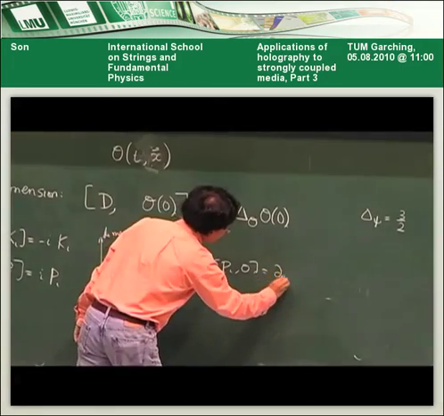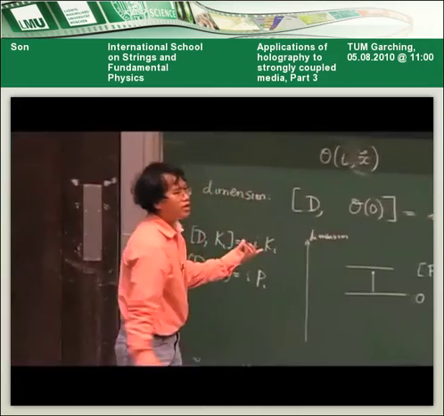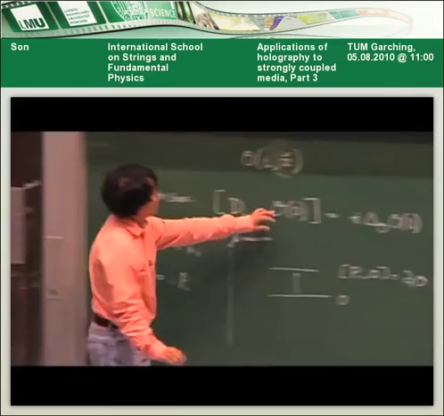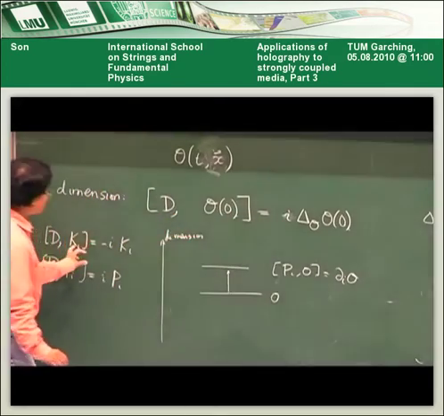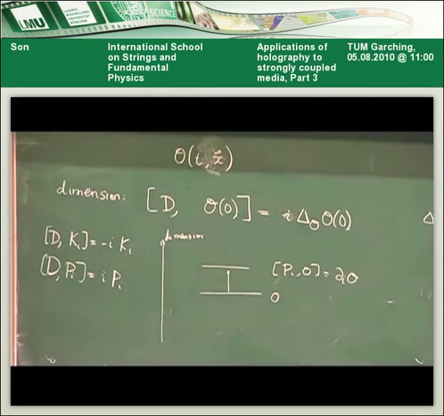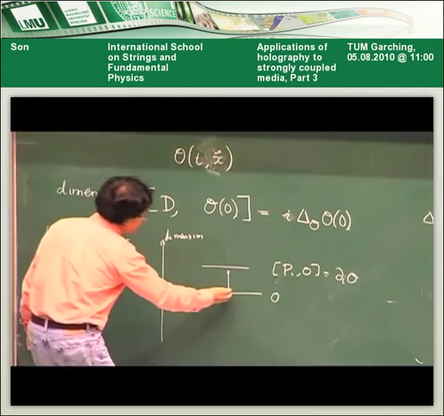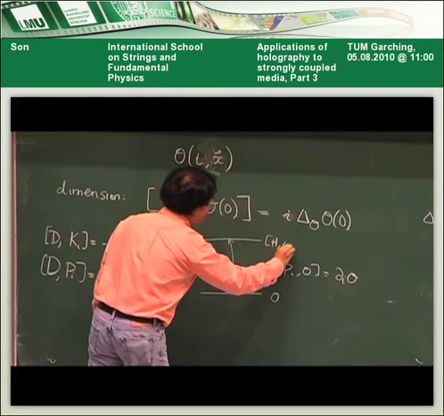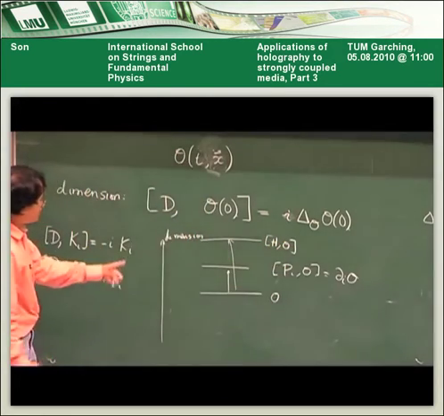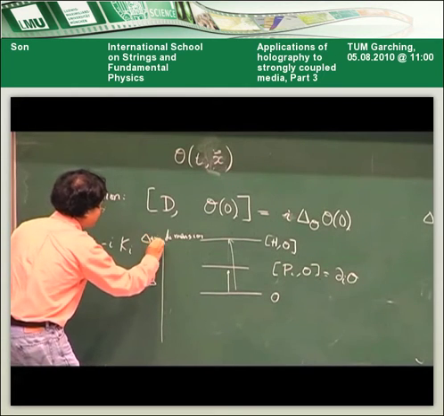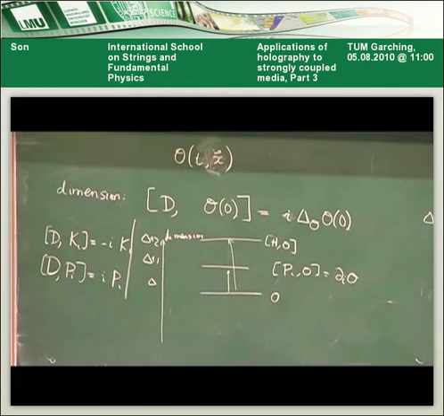So the derivative, of course, raises the dimension by 1, and you can see that at the level of the algebra, that if you define the commutator this way, then the dimension of the commutator of P with O is equal to the dimension of O plus 1. Time derivative would raise the dimension by 2. So the commutator of H and O would have dimension delta plus 2. Okay.